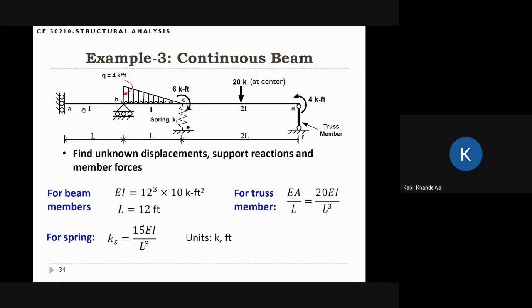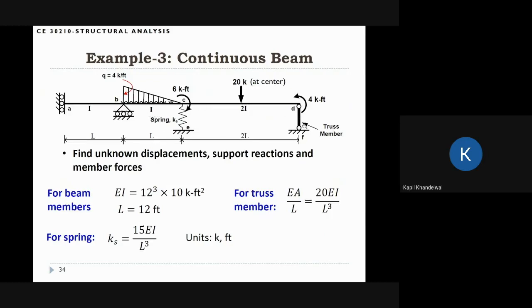For span AB, the inertia is I. For span BC, the moment of inertia is again I. But for span CD, the moment of inertia is 2I. So it's twice of this I here.